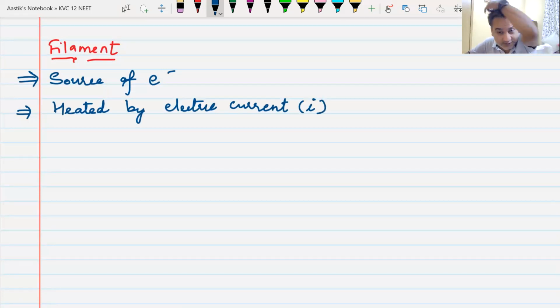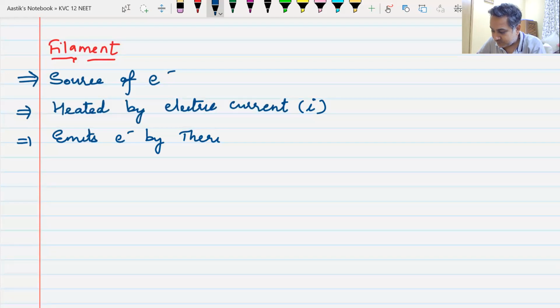Did we draw this current? Yes or no? It emits electrons by the phenomenon of thermionic emission.